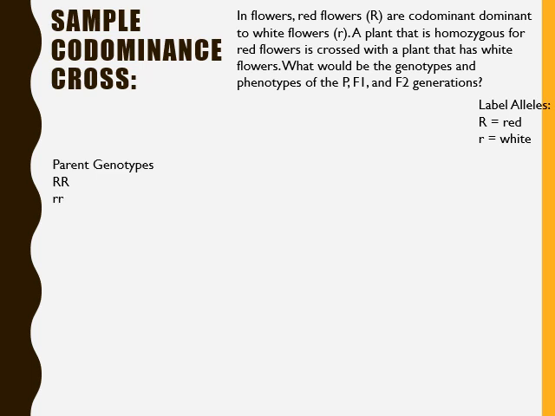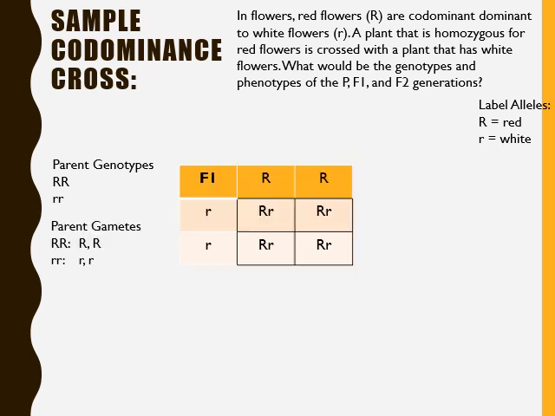We look at our parent genotypes and we know that the red plant has to be homozygous for the red allele. The white plant has to be homozygous for the white allele. So one parent's big R, one parent's little r. We create the gametes from that, and we get big R and big R, little r and little r. And we can put that into our Punnett square to see that, once again, the entire F1 generation is heterozygous.